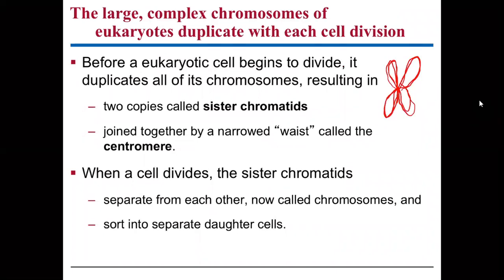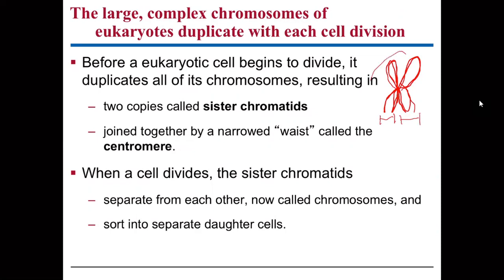So this whole structure is a duplicated chromosome, but if we just focus on one member of this duplicated chromosome, it's called a chromatid. This is a chromatid. This is another chromatid.